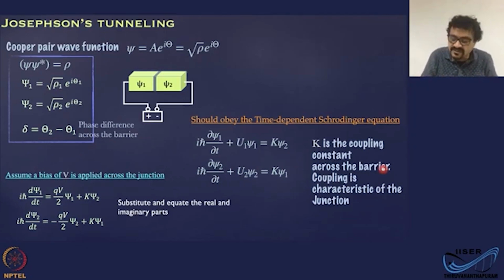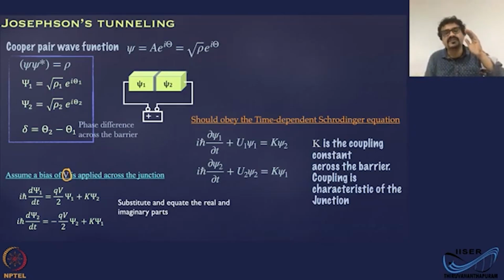That is the characteristic of the barrier or characteristic of the junction. Similarly, for psi2 also we can set up a similar equation: i h bar d psi2 by dt equals U2 psi2 plus K psi1. Okay. Now, when you apply bias V, here we are considering a symmetric bias. So half of that is on the right side, half of that is on the left side.